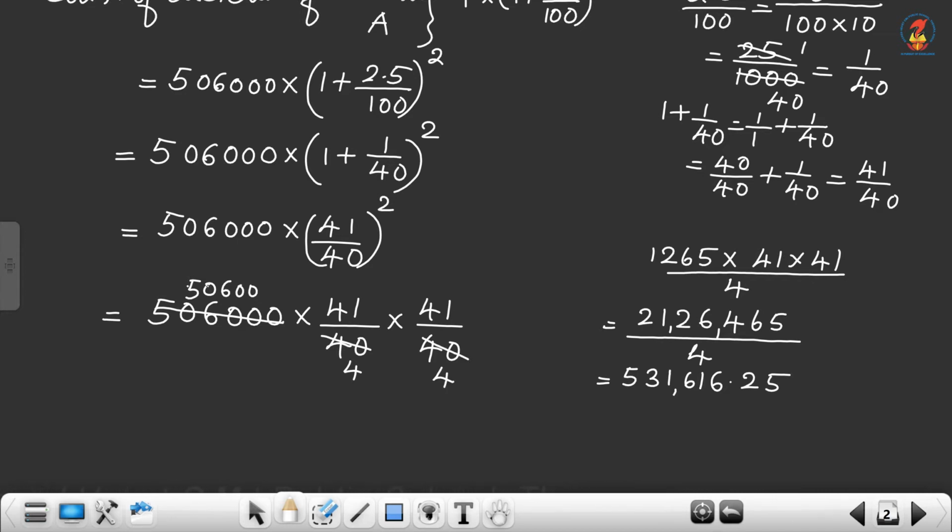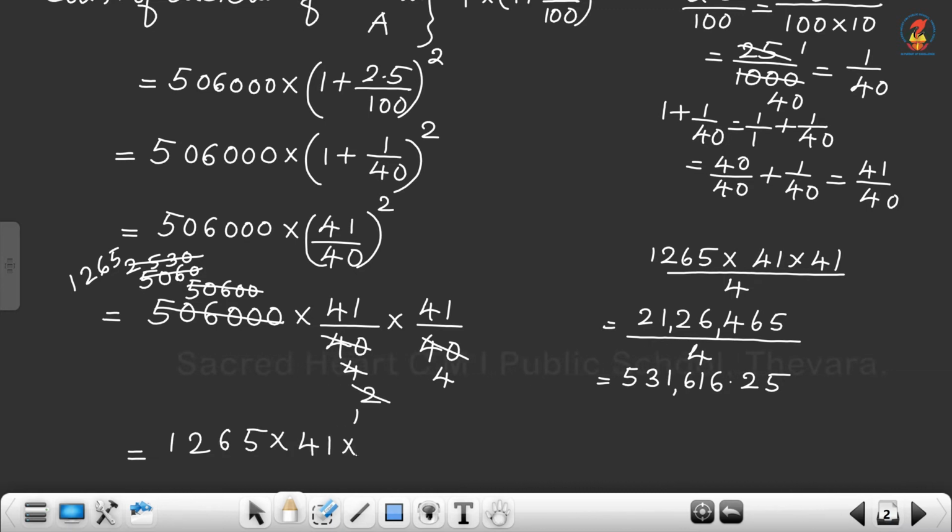So 10 fours are 40. So here 60. Then using 2 twos are 4. Then 2 twos are 4. 30. Again with the 2 we can do. Then 1, 1265.